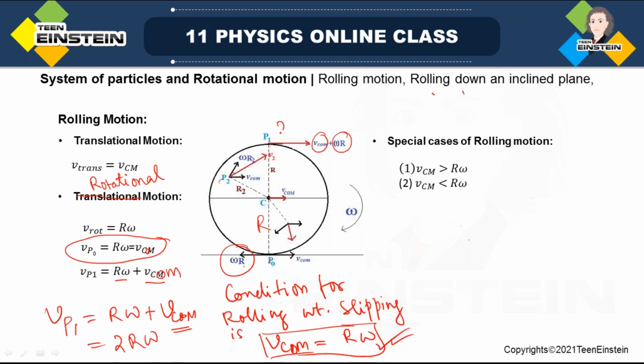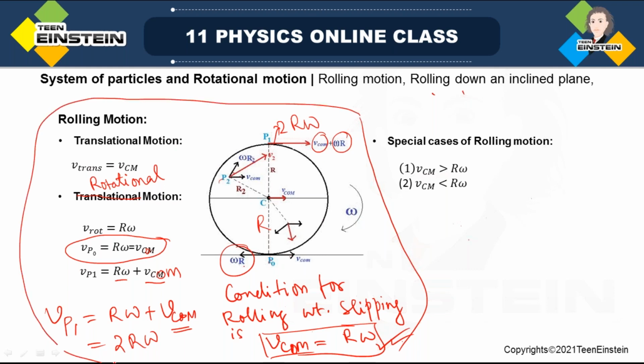So it actually has 2R omega velocity. This holds for rolling without slipping with VCOM equal to R omega.